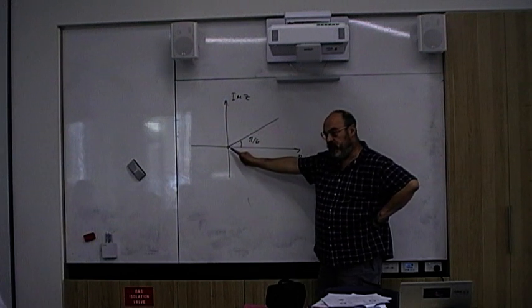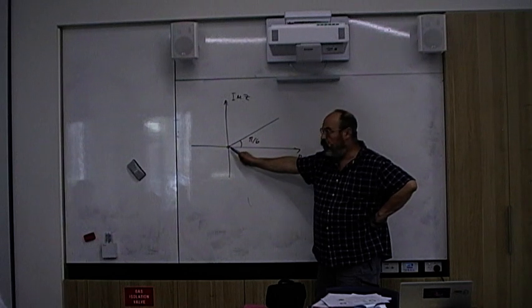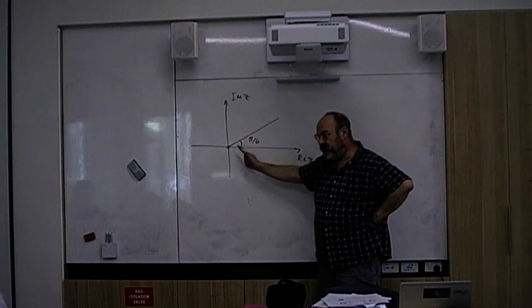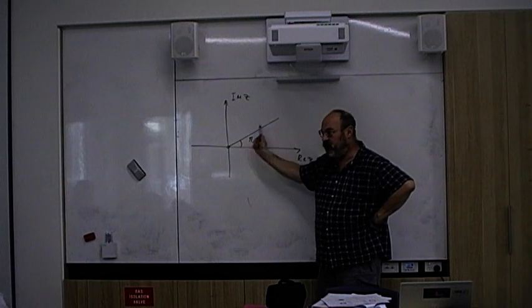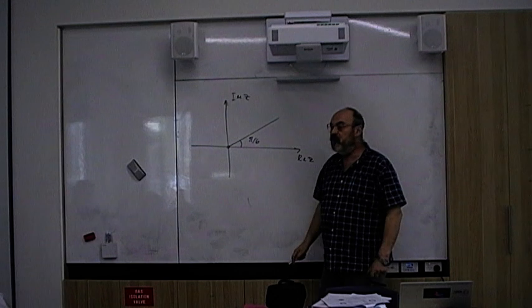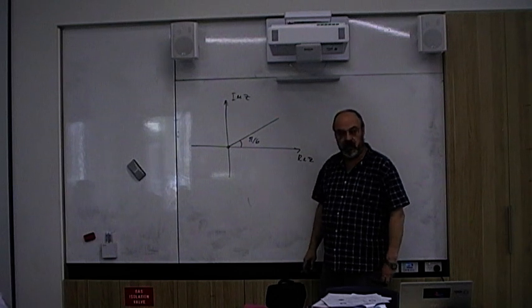I put an open circle here. This point is not included, because this point doesn't make any pi on 6. All others do. We cannot make 0 in the polar form.